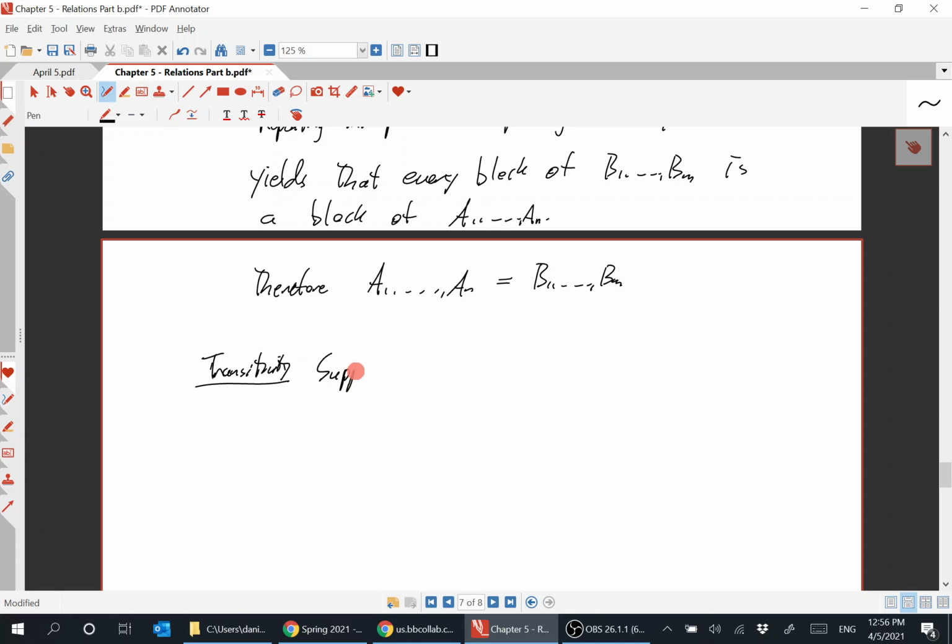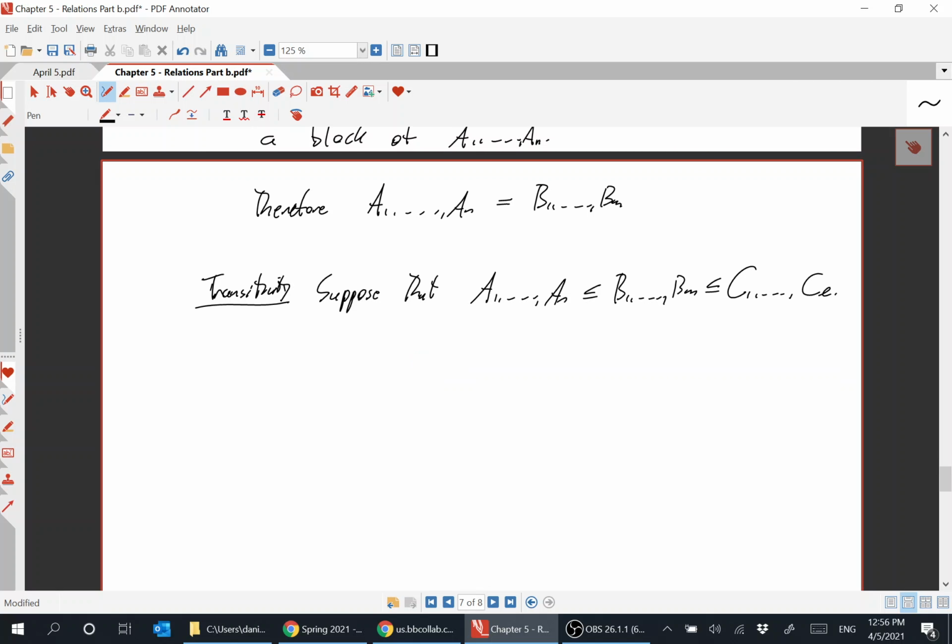Okay, so suppose that partition A_1 to A_n is a refinement of partition B_1 to B_m, which is a refinement of partition C_1 to C_l.